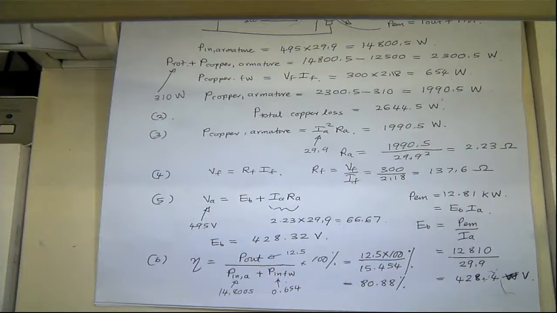So that's part A, everything's based on the rated operating condition. So this all corresponds to the values given in the nameplate, the rated condition values.